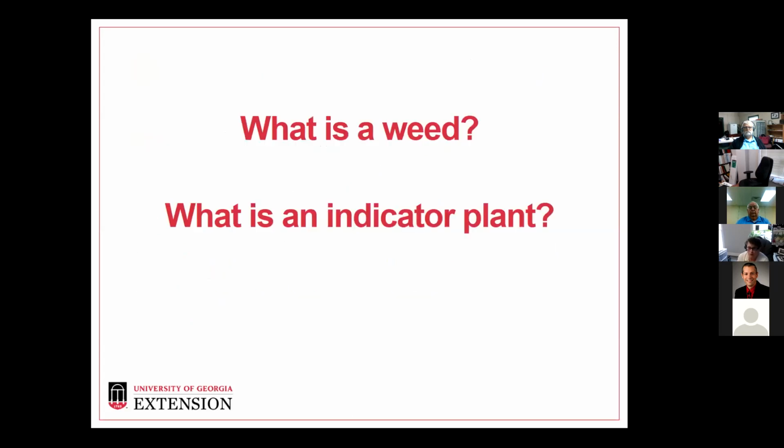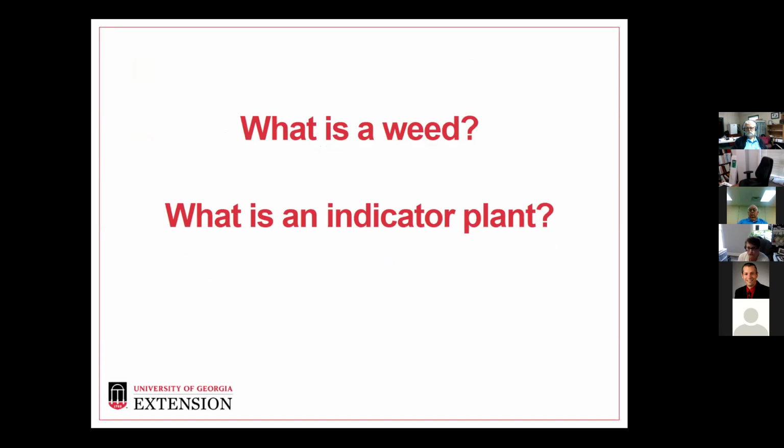So Wade already told us what a weed is. So what's an indicator plant? An indicator plant is one that grows in a specific location for a specific reason. And their presence will often reveal a specific status for that location. Maybe there's poor fertility. Maybe there's soil compaction.